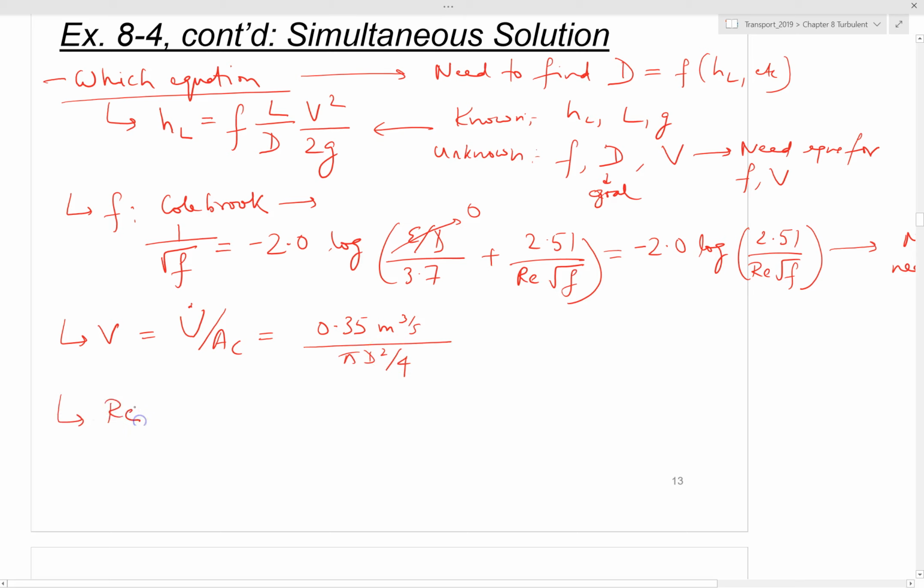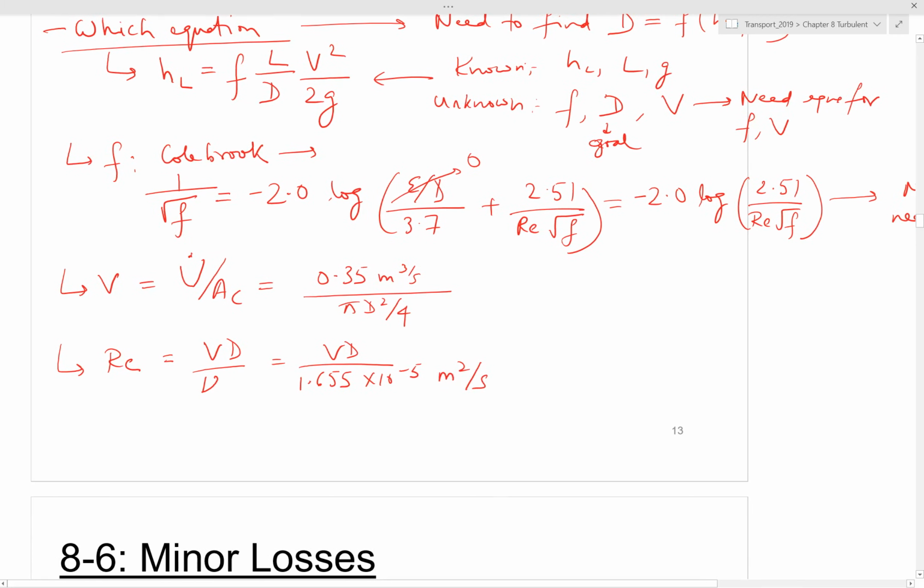From here also the Reynolds number, RE, is velocity times diameter divided by kinematic viscosity, which is 1.655 times 10 to the power minus 5 meter square per second. So these set of equations, now you solve this simultaneously.